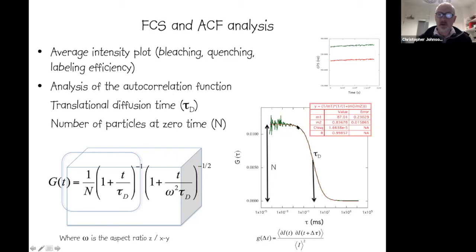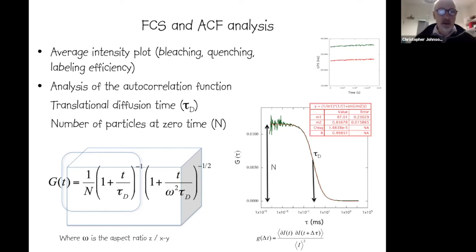When it comes to the autocorrelation function, which is done as described previously, we can analyze this and fit this to get a translational diffusion time here. And we can also obtain the average number of particles in the observation volume at any one time.